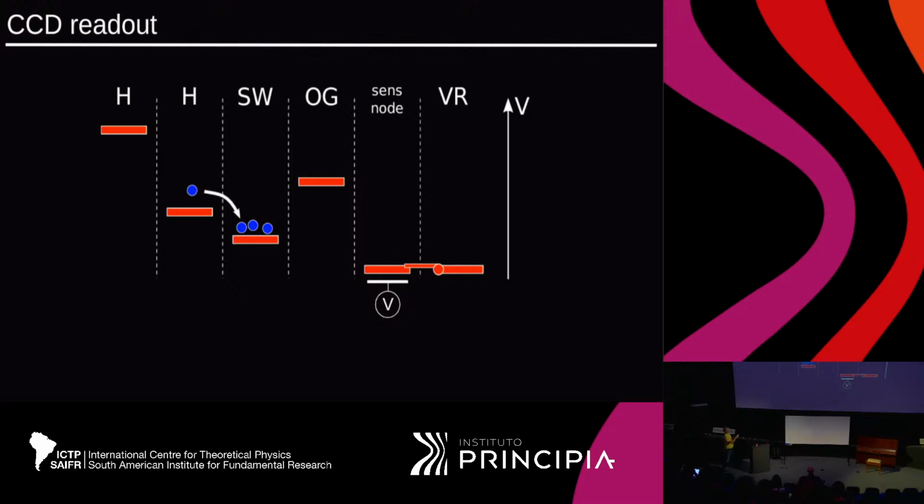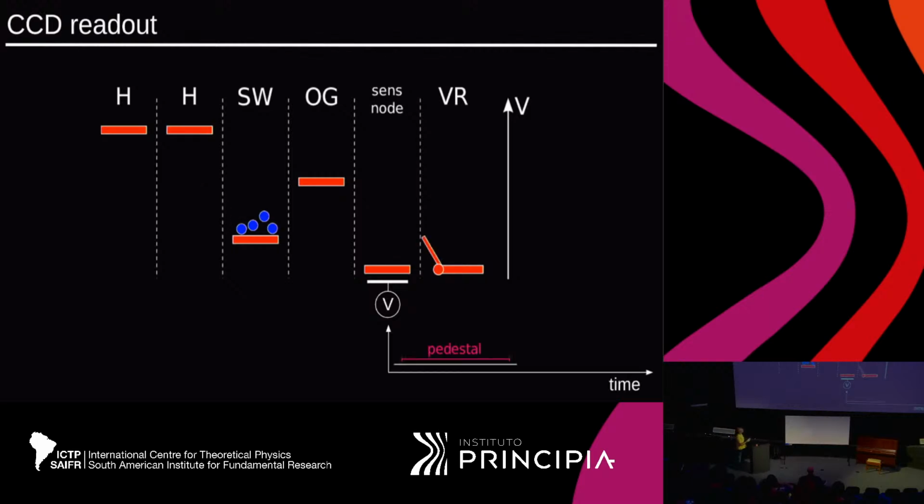How do you do that? Well, you move the charge from this last horizontal or serial clock into what is called the summing well. After that, you forget about whatever you had before. You have the charge sitting here in a potential well that we call the summing well.